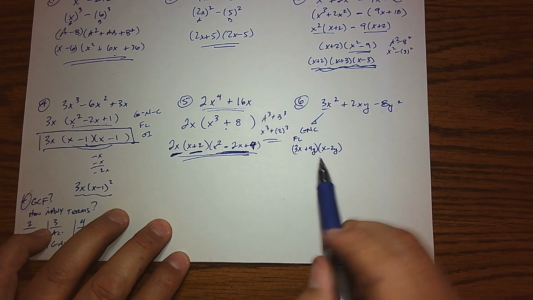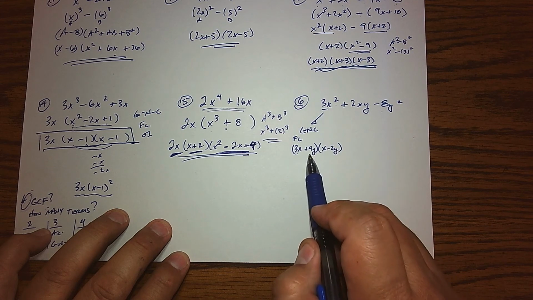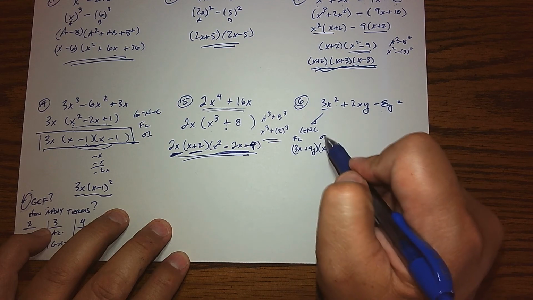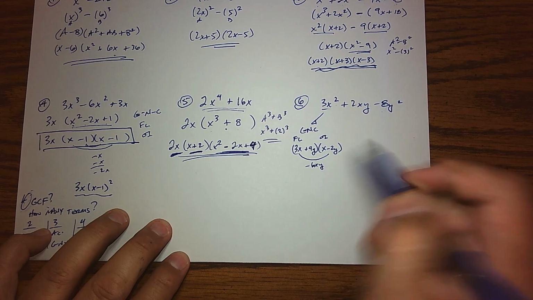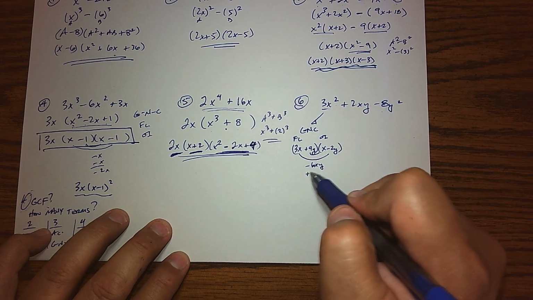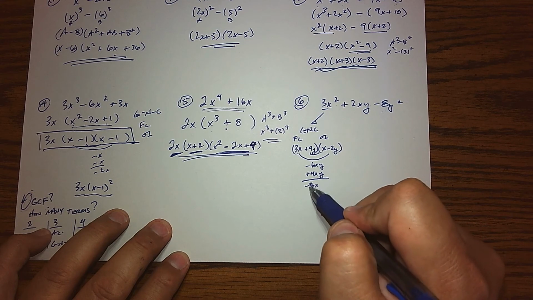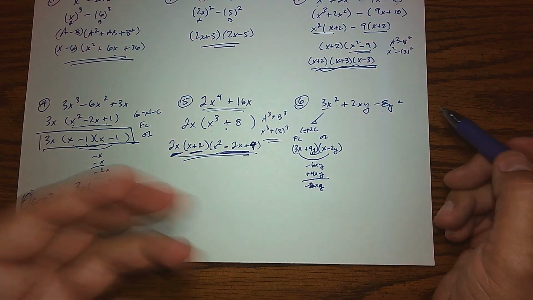So I've guaranteed the first times the first is the first, and the last times the last is the last. Okay, so the check comes with the O and the I. My outer is a negative 6xy, my inner is a positive 4xy, and we get a negative 2xy. And unfortunately we need a positive. So I guessed wrong, but we're close.